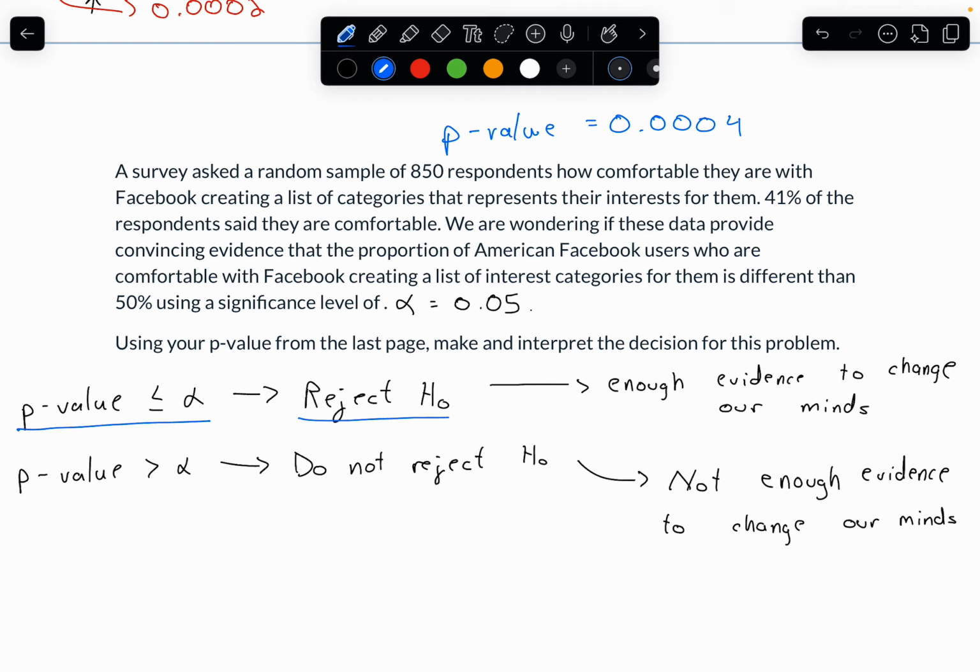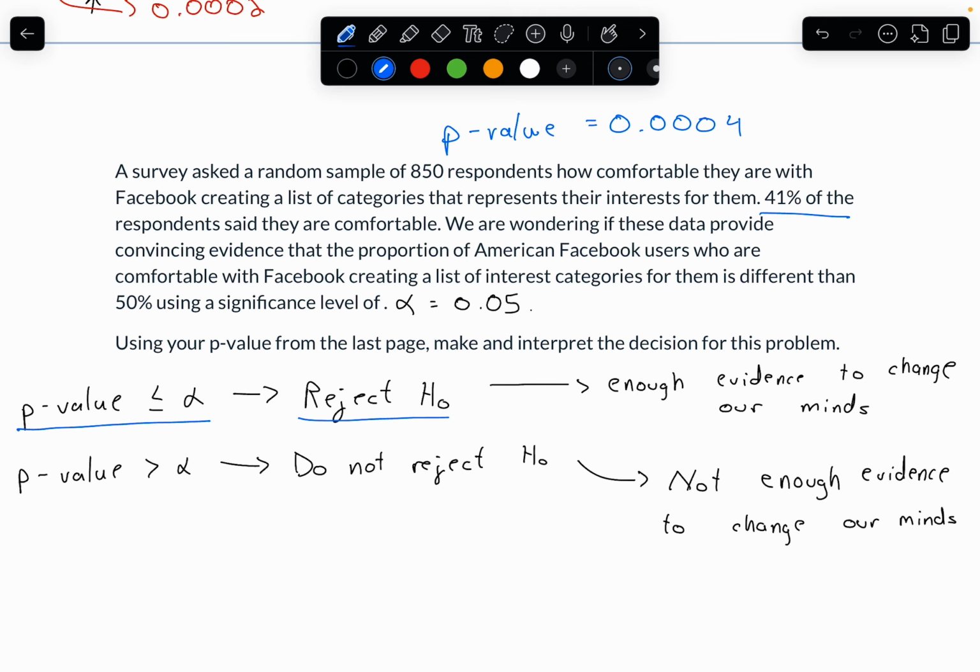So if the p-value is less than alpha, the p-value represents the probability that we get a sample like ours if H0 is true. And if that probability is extremely low, then what we might say is, well, we can't argue with the fact that we got a sample like this, because we have it. In this case, it was the 41% of respondents who said they were comfortable. You can't say that that didn't happen because it already did.